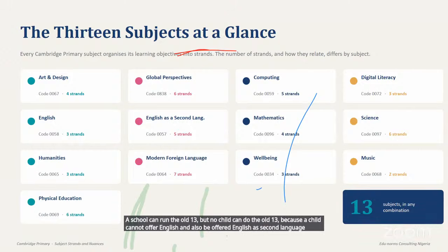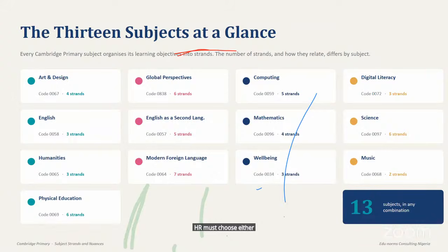A child must choose either of the two. If you check this English here, where my cursor is, you see that it has 3 strands, while English as a second language has 5 strands.